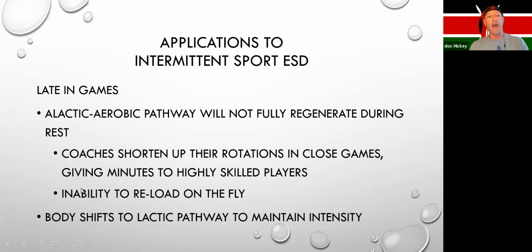The other thing that's going to happen as we get tired, our body is going to become less able to reload on the fly. This is something I learned from my days down at Manley Fieldhouse, Syracuse University. We would train our lacrosse guys in the 400-yard runs to reload on the fly.